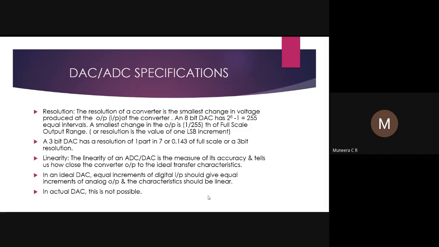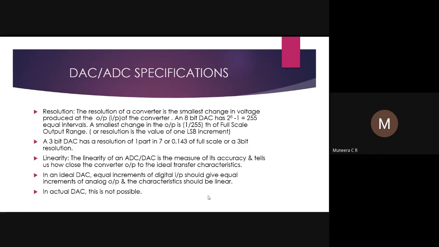An 8-bit converter DAC has 2 raised to 8 minus 1, that is 255 equal intervals, while a 3-bit converter has a resolution of 1 by 7, that is 2 raised to 3 minus 1 part in resolution. So resolution is the value of 1 LSB increment.